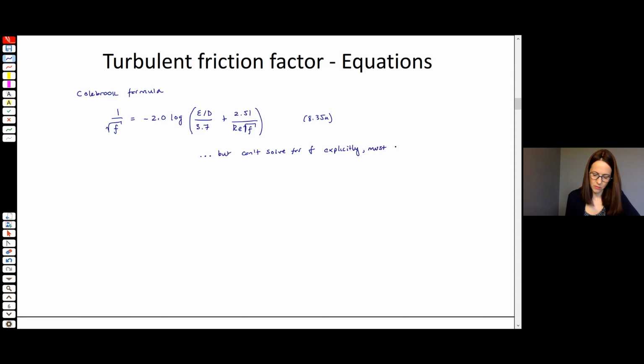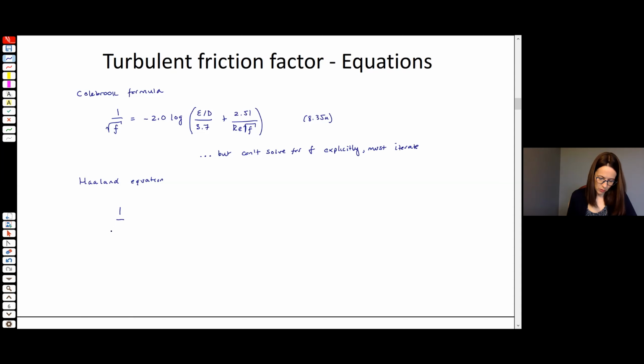So I'll give you another formula. It's called the Haaland equation. And it's an approximation to the Colebrook formula, and it's slightly less accurate.